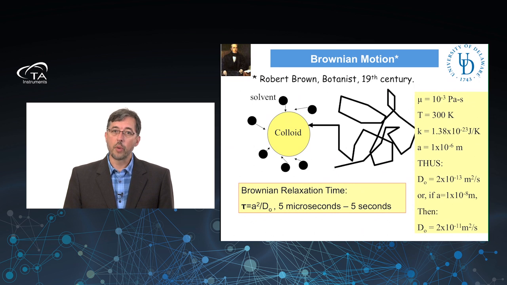That time scale, shown in the bottom equation, a squared divided by D naught, ranges from about 5 microseconds for very fine colloidal particles, ones that are only a few nanometers in size, such as a protein, up to about 5 seconds for micron-sized particles, which are the upper end of the scale.